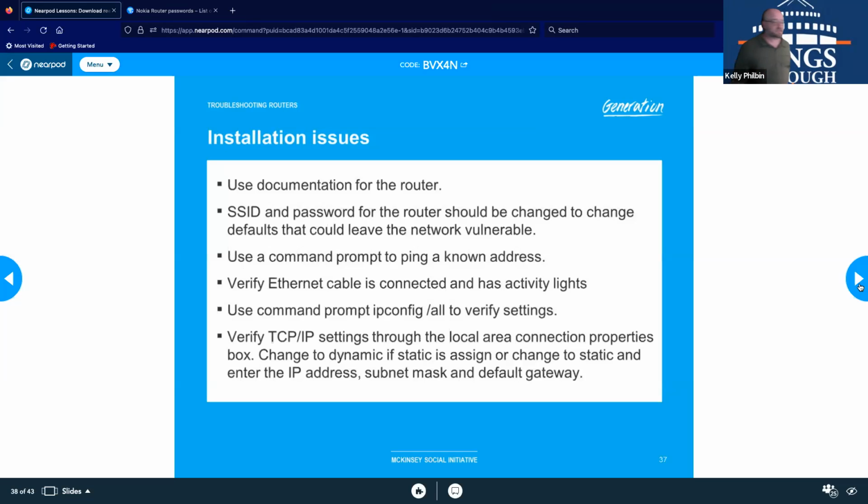Installation problems. As always, the first thing you should do is check the documentation on the router. If you're unable to log into your Wi-Fi, make sure your SSID and password are correct and not set to defaults, because if your router password is set to a default, it's super easy to look up.